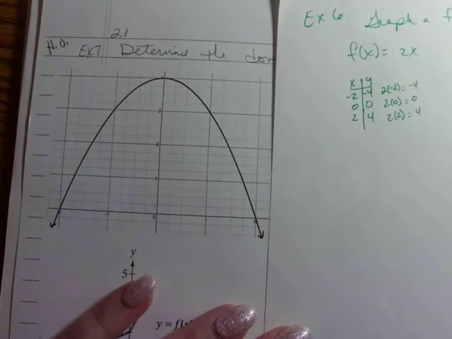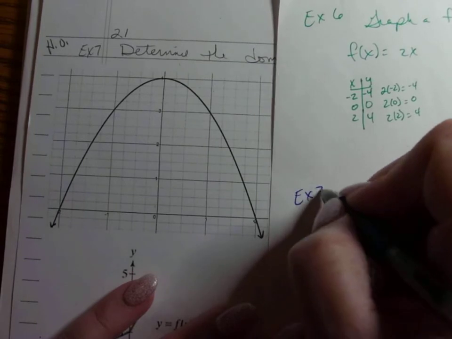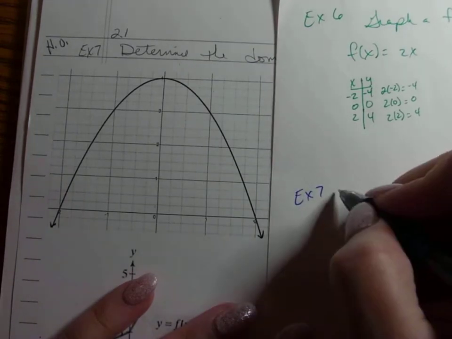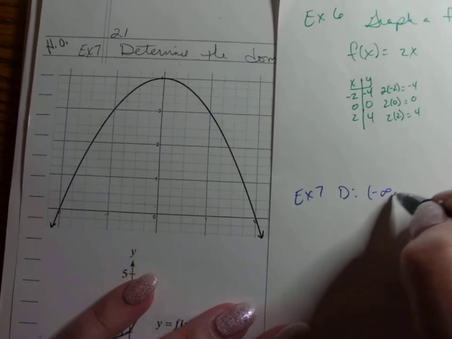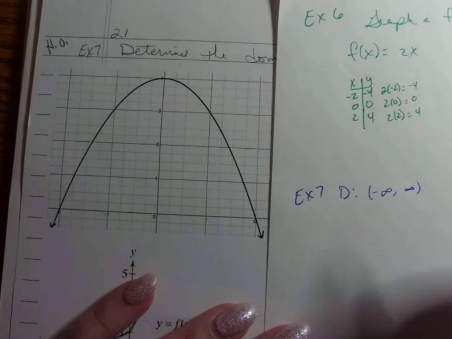So this will be example 7. For our domain, we are looking at negative infinity to infinity.